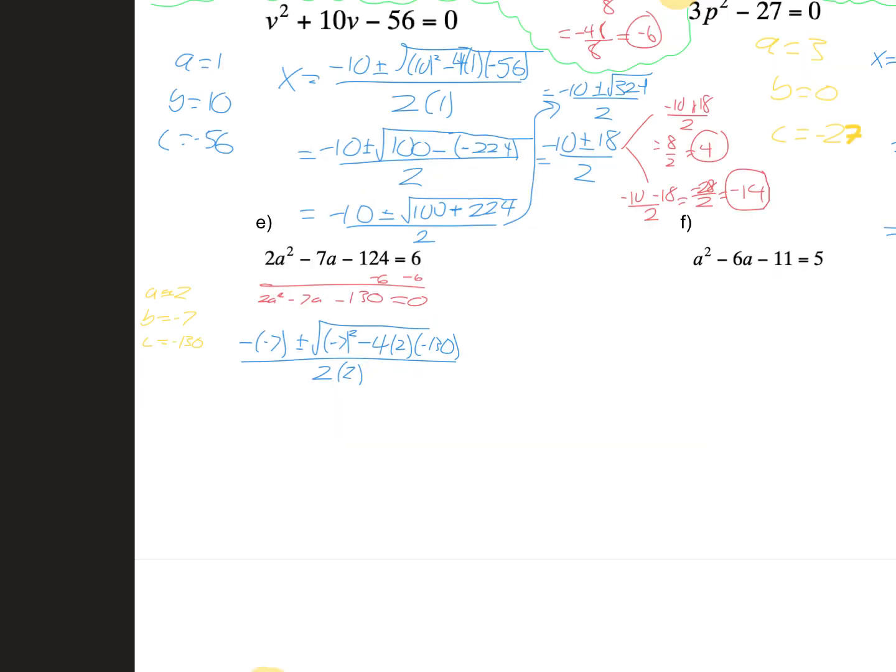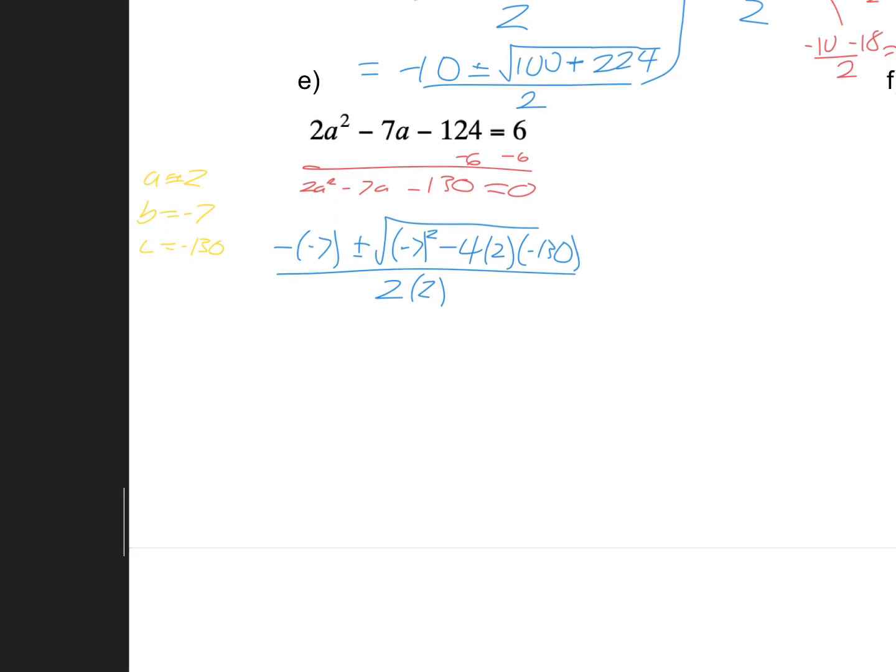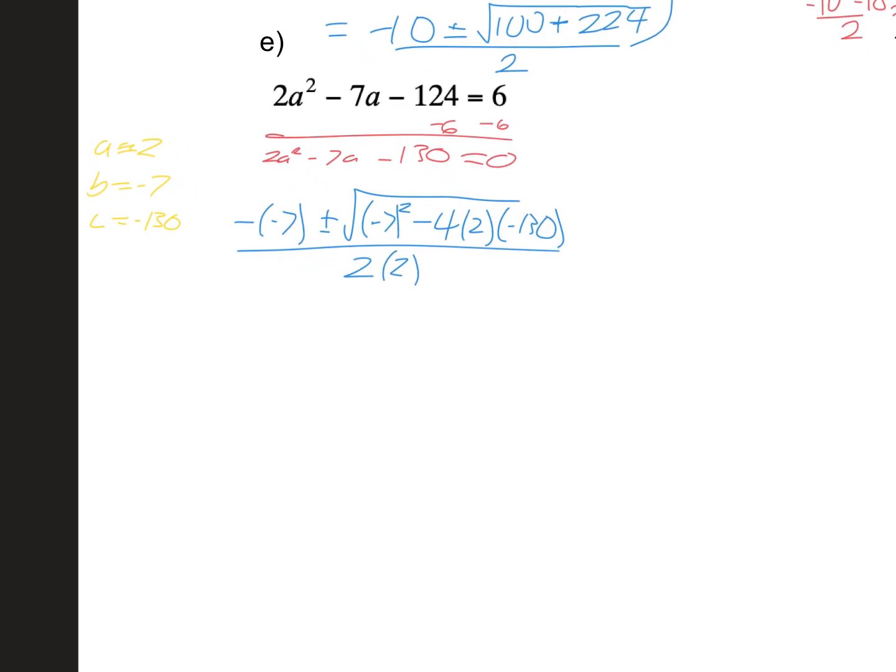We have negative 7, so that will simplify to a positive 7, plus or minus, and then inside our square root we have 49 after we take negative 7 squared, minus, if you plug all that into your calculator, 4 times 2 times negative 130, you should get negative 1040, and this is all divided by 2 times 2, which is 4.